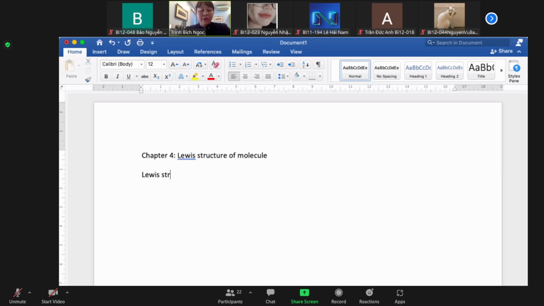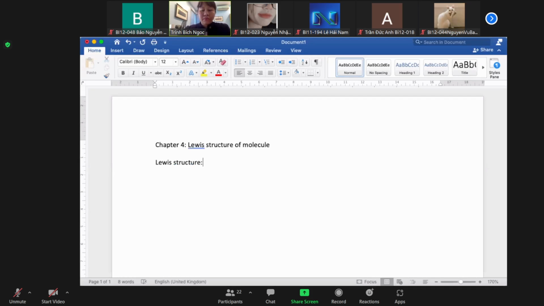Okay, so Lewis structure: the bonding between atoms in a molecule, and also the lone pairs of electrons that might exist.